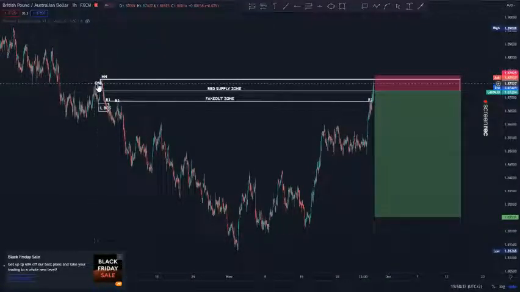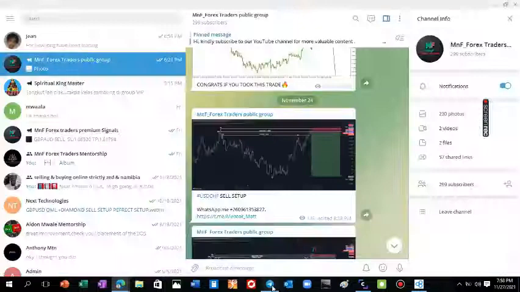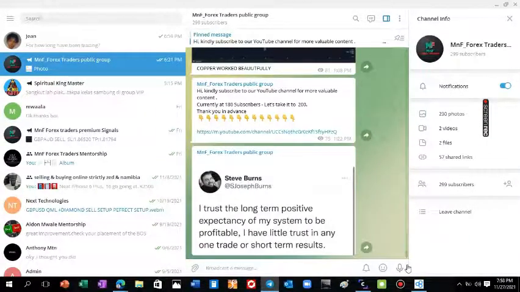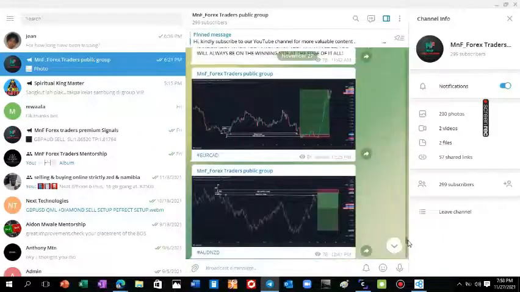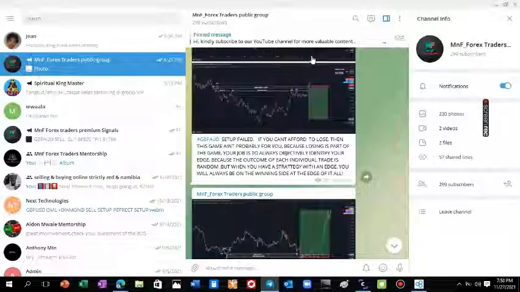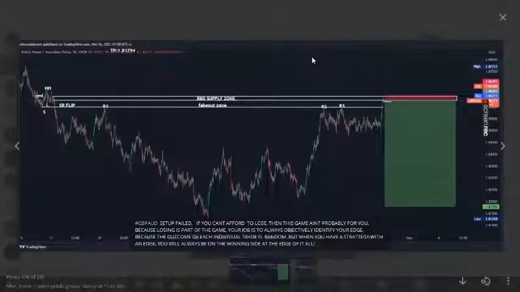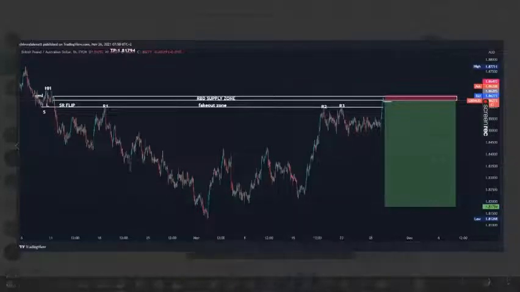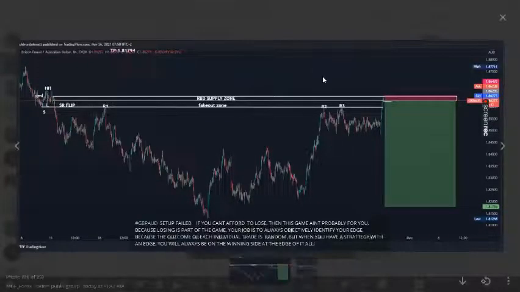I hope I'm analyzing the same pair right here. Let me just confirm. GBP AUD. I actually posted this somewhere. So this was the before. Yeah, I was taken out.